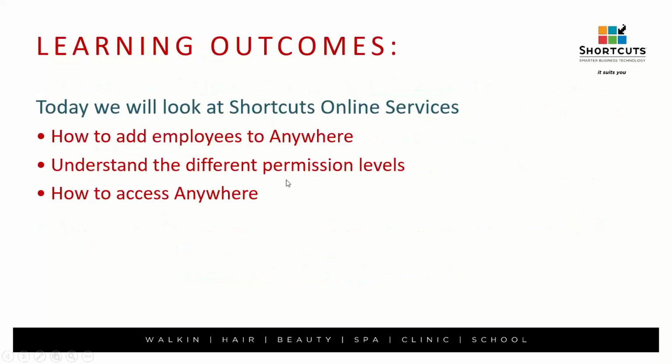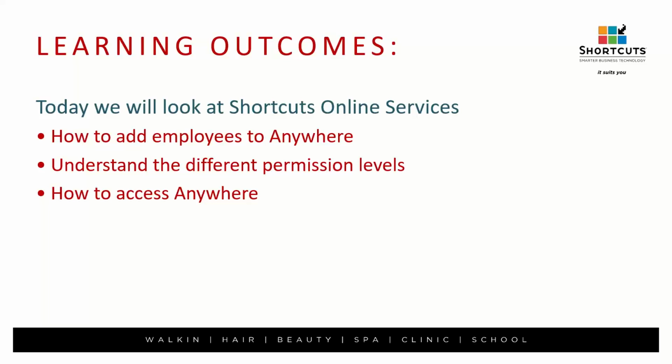So in the past few weeks, we've been looking at a number of different online services available through Shortcuts, specifically through the console. Today, we're going to focus on Anywhere. And again, what it is is the ability to look at your appointments for the week, or for the staff to look at their appointments for the week.